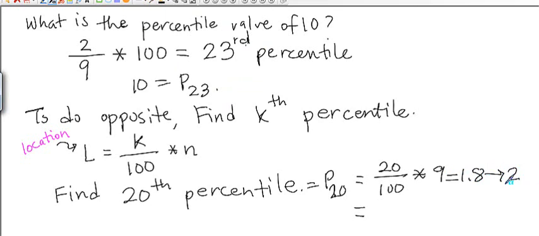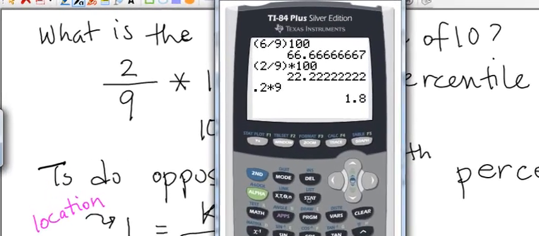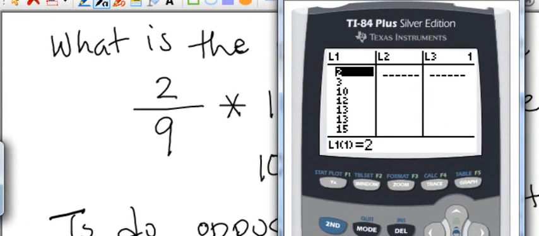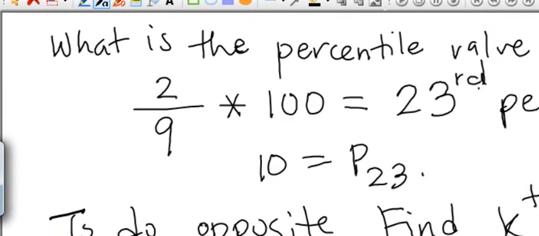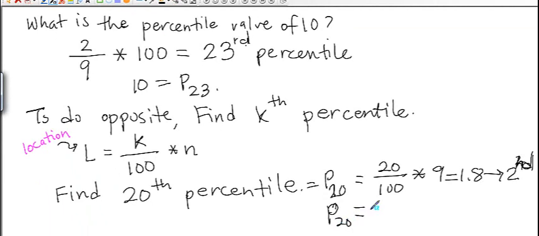That doesn't mean that 2 is the actual number. 2 is the location, so it's the second value in the list. So if I go to my list, the second value in the list is 3. So P20 is 3. The 20th percentile is 3.